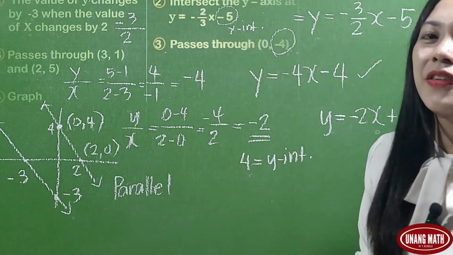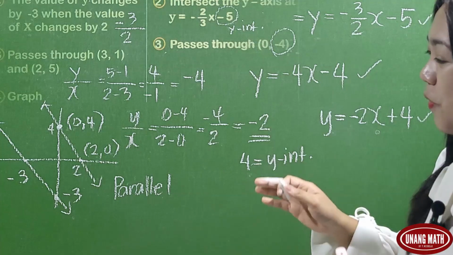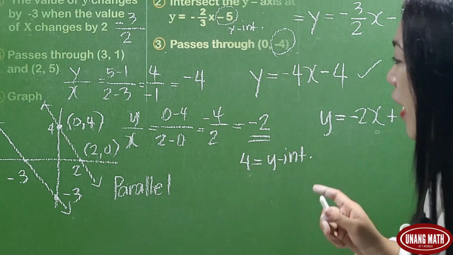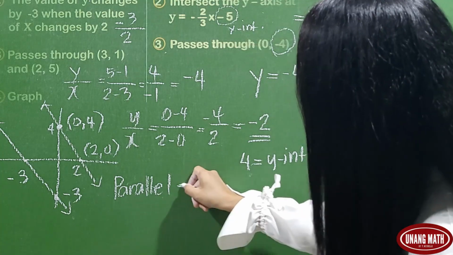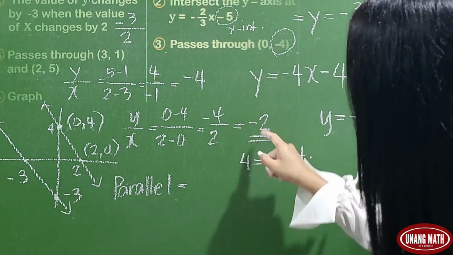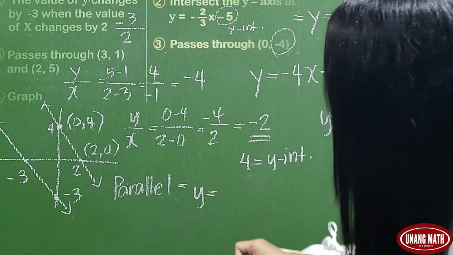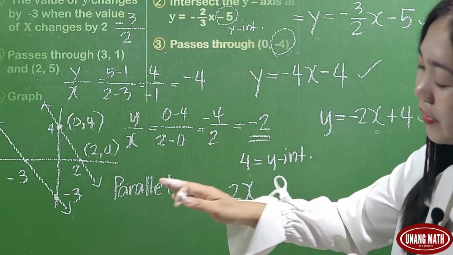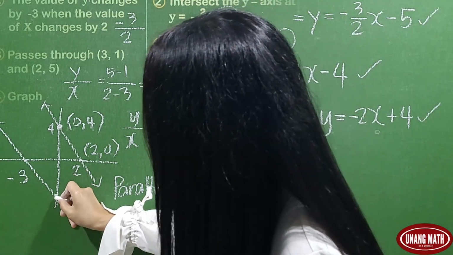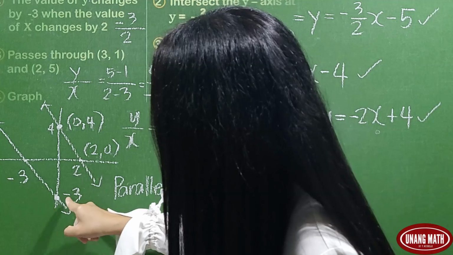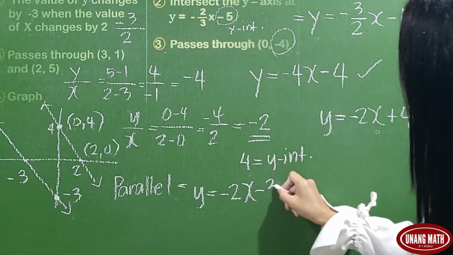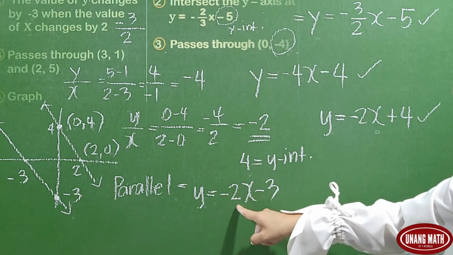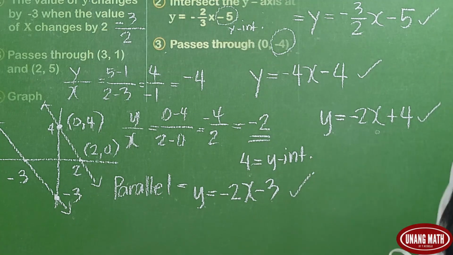So if these two graphs are parallel, we already know that the slopes are the same, but the y-intercept is different. So the slope is also negative 2. So it would be y is equal to negative 2x. And take a look at the graph. The y-intercept is this point, and that would be negative 3. So our equation would be y is equal to negative 2x minus 3.